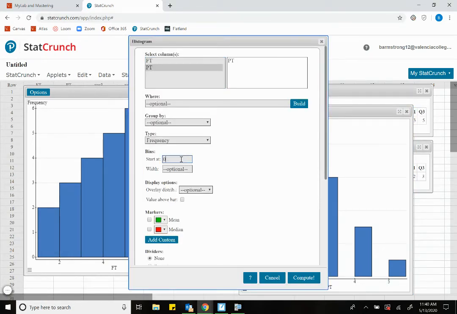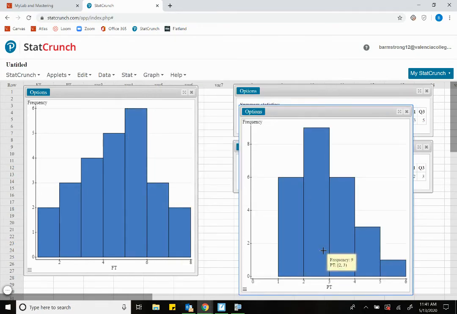Start with 0 and bin width of 1. There we go. So you can see how it's a little bit more symmetrical here. And you can see a lot more variance here because it goes all the way out to 8. This one goes all the way out to 6. So this data is closer together.